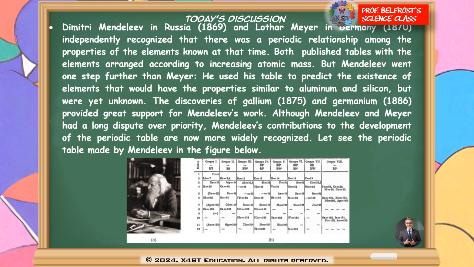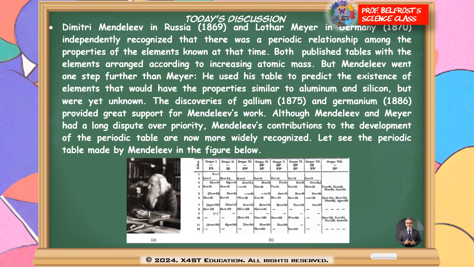But Mendeleev's work was recognized more than Meyer's work. For example, the discoveries of gallium and germanium provided great support for Mendeleev's work. Let's see the periodic table made by Mendeleev in the figure below.